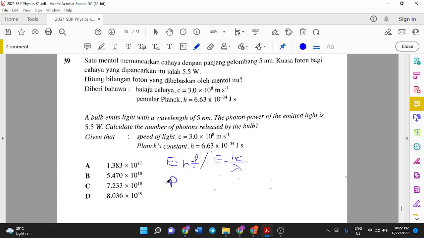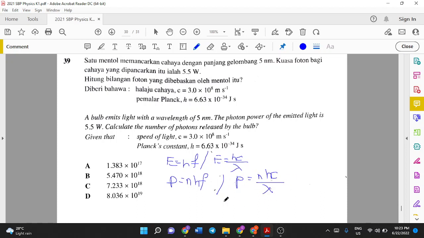We also learned that power equals nhf, or P equals nhc over lambda.